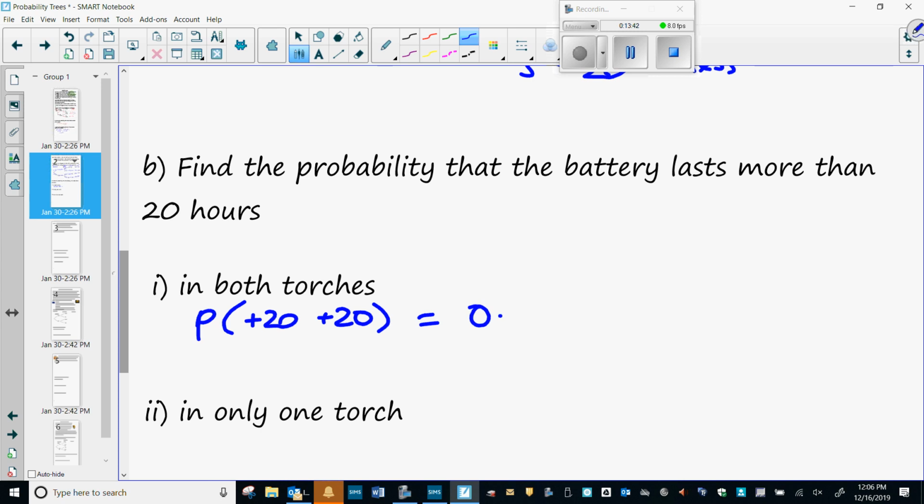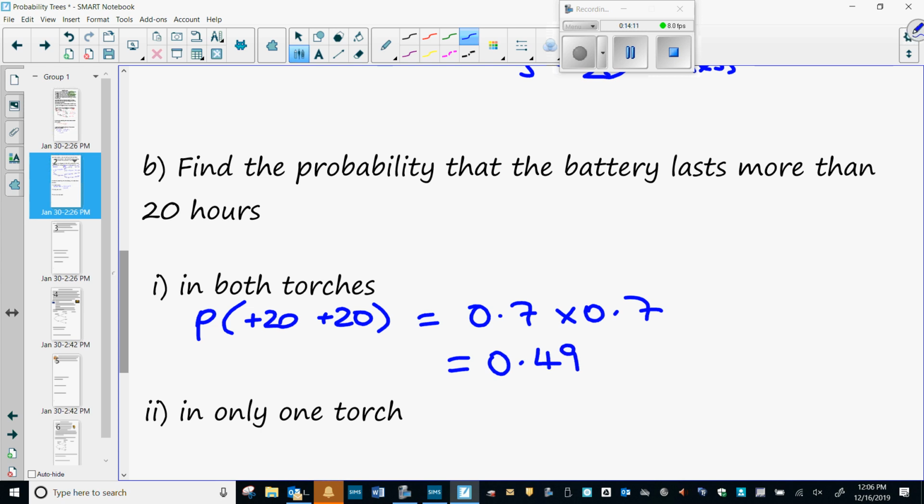So when do you add? If you've got more than one situation. No, because this is this and this. So the type of thing when we add is you've got this and this, or this and this. So 0.7 times 0.7 is 0.49.